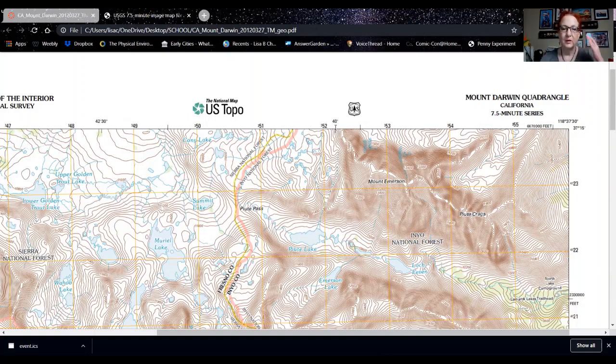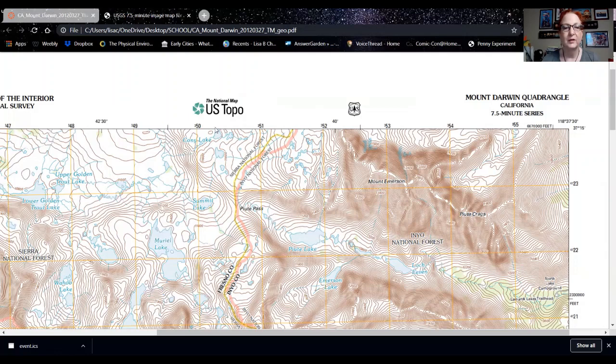So if you're going to estimate with these maps, because you can't use a ruler on them per se because of the scale, what I want you to do is estimate. So half of 2 minutes and 30 seconds is 1 minute and 15 seconds. So halfway between these two here is at about here.